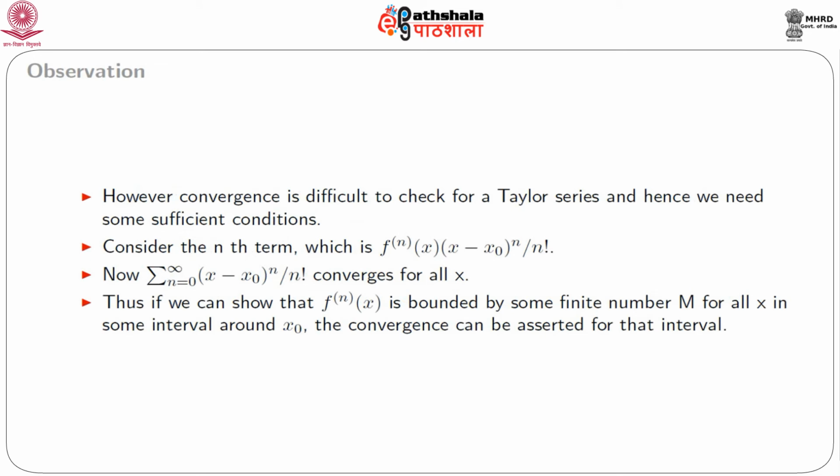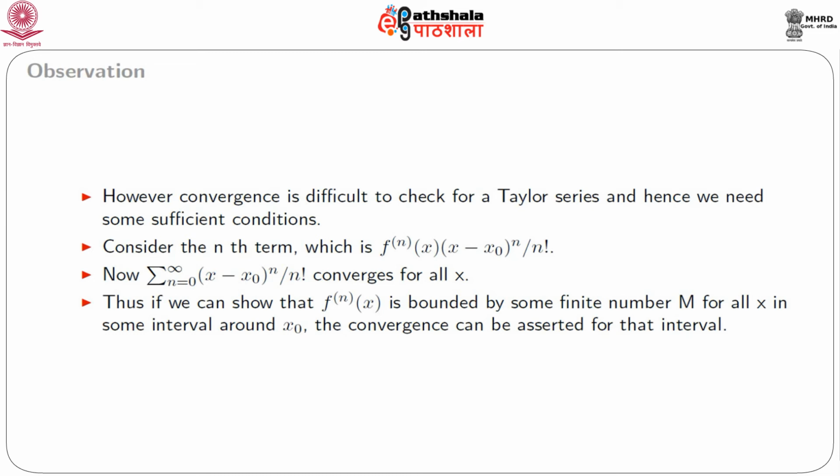However, the convergence is difficult to check for a Taylor series, and hence we need some simpler sufficient conditions. So, consider the nth term, which is the nth order derivative of f multiplied by (x minus x naught) to the power n divided by n factorial.